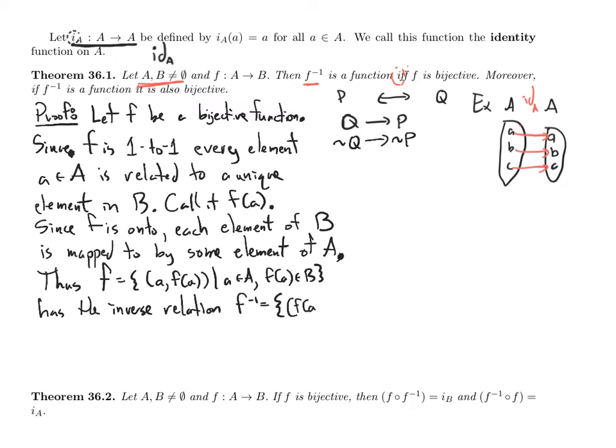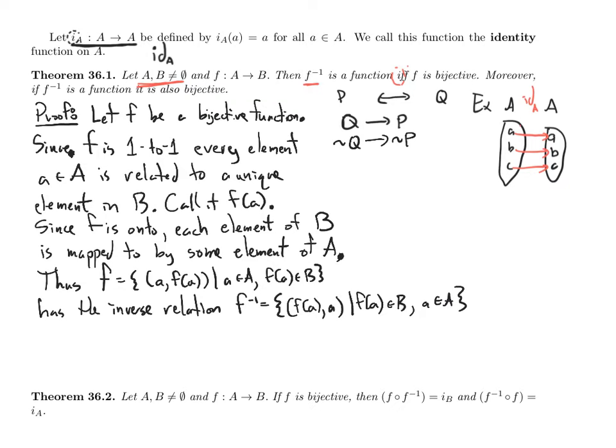So we have f of A, A, such that f of A is an element of B and A is an element of A. So we're literally just swapping the elements in the domain and codomain.